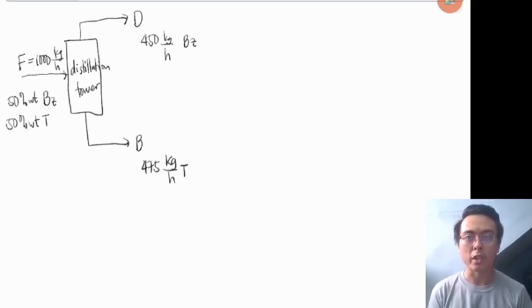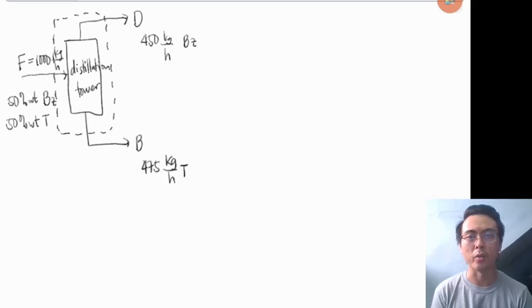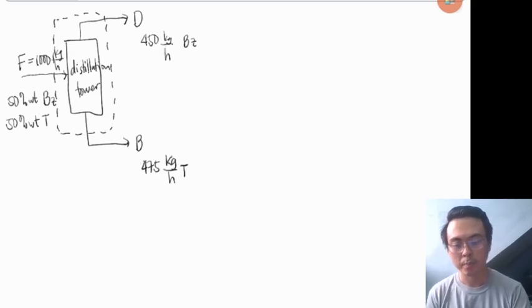If we follow the steps that we laid out on the previous problem, after you have drawn your flowchart or your diagram, you then set your system boundary. In this case, we are considering a single unit process, so our boundary is simply the entire distillation tower. Next, set your basis.